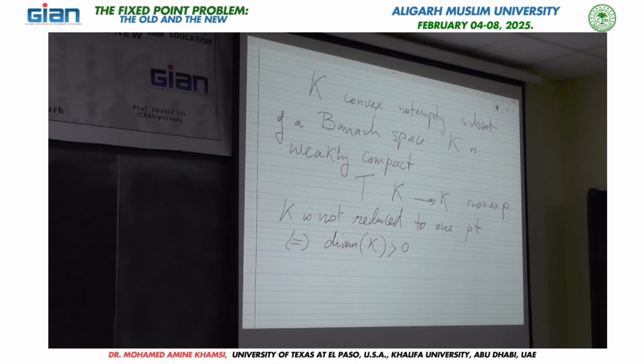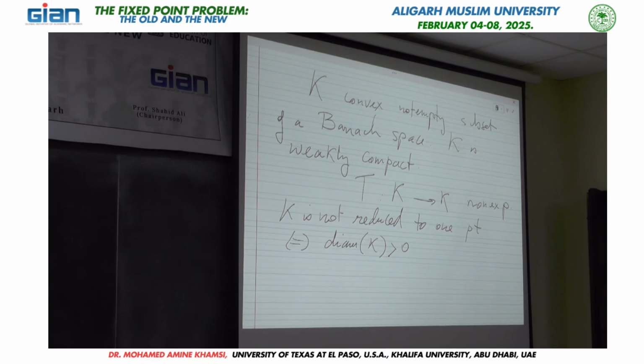And when they talk about fixed point property, if you are not careful, they mean the one for bounded, closed, convex subsets. They don't mean the one for weakly compact convex subsets. These two properties are totally different.